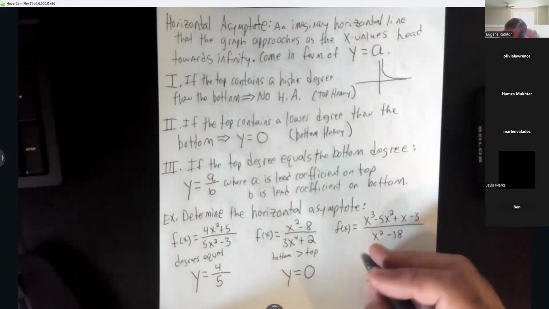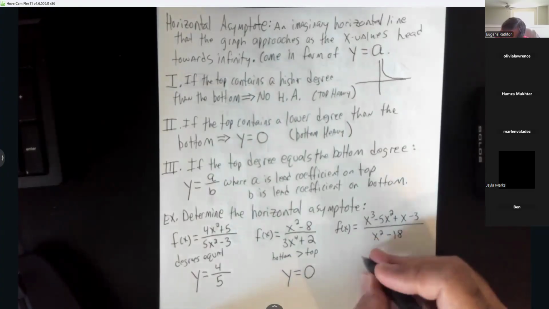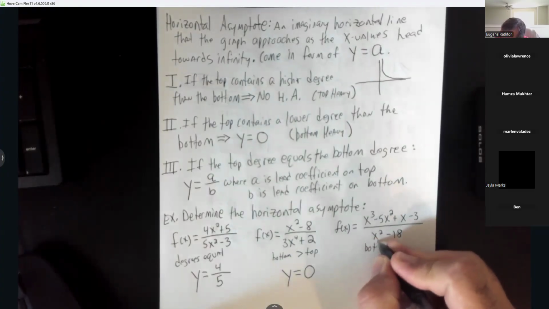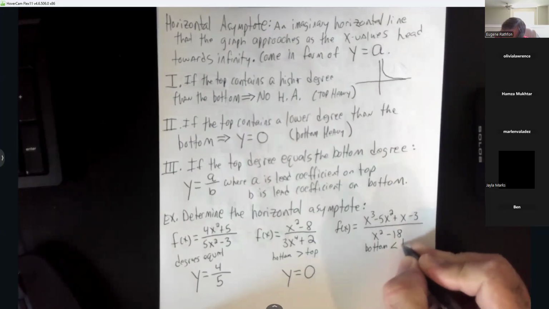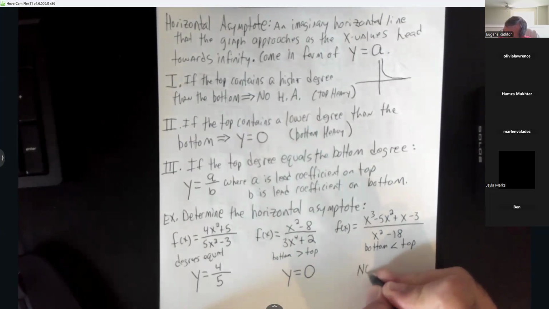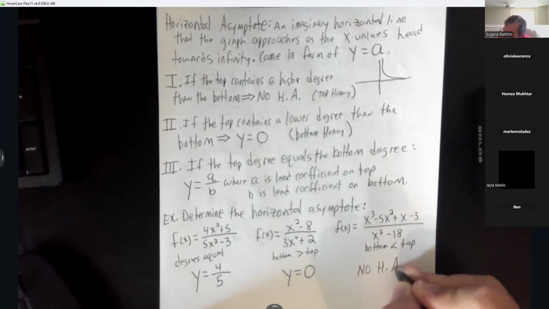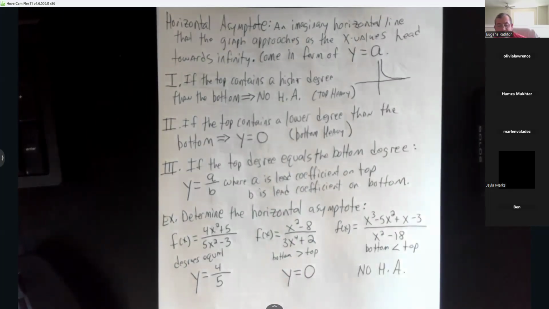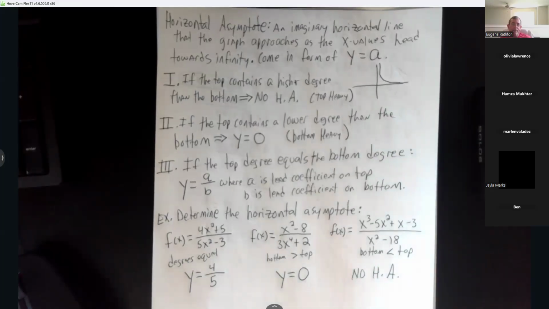Because the bottom is less than the top, and anytime it was top heavy, we said there was no horizontal asymptote. Good job. So on the horizontal, you just look real quick at them degrees, and that tells you pretty much about your horizontal asymptote, okay?